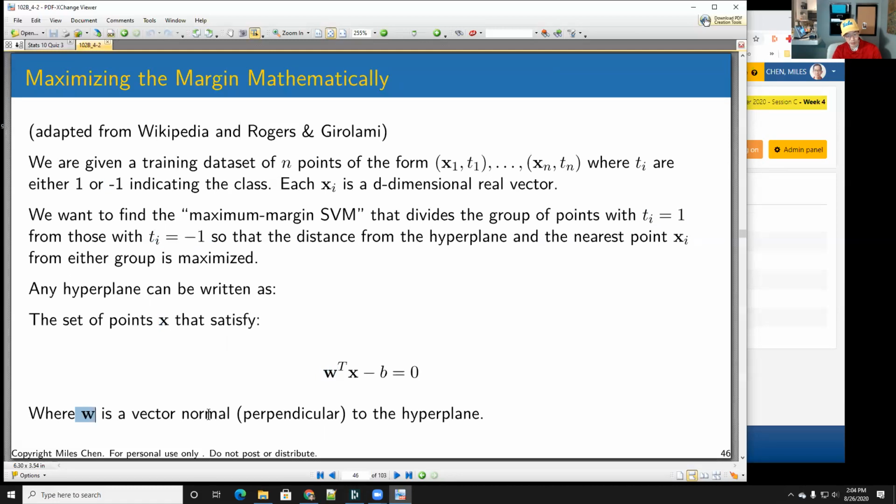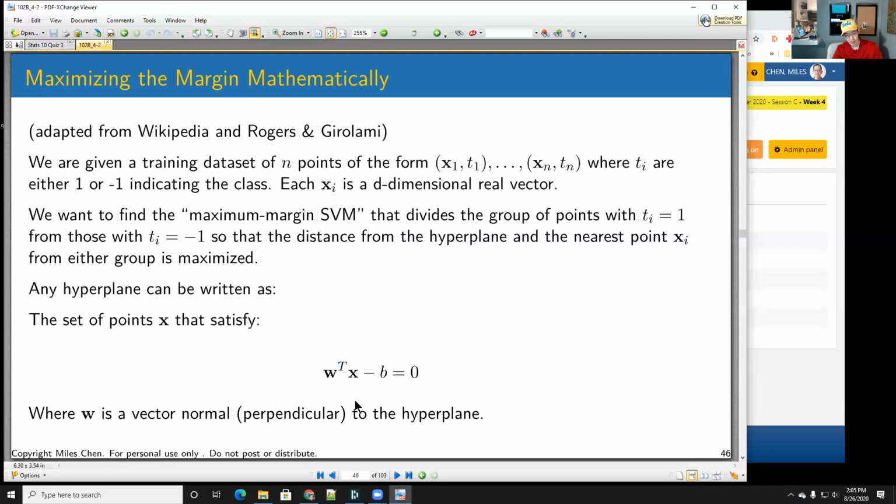W is a vector that's normal to the hyperplane. So w transpose x minus some constant is equal to 0. This is just the equation of a line, or the equation of a hyperplane if we're in higher than 2 dimensions, that exists in our d-dimensional space.